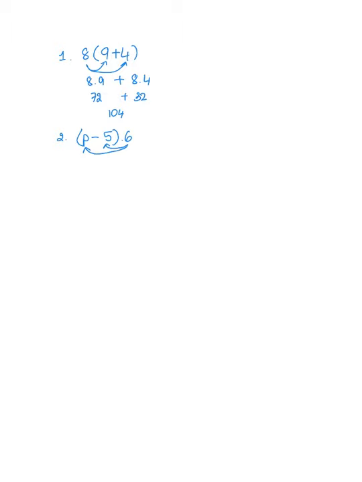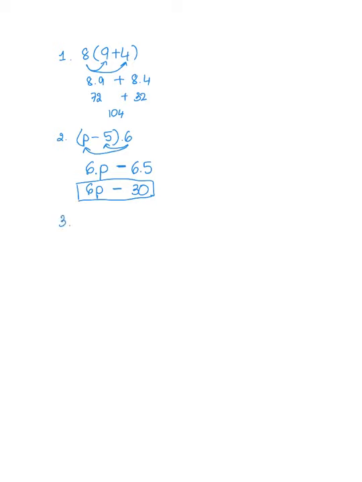So P times 6, I have 6 times P. Because of the commutative property, I'm gonna do 6 times P. The minus side, I put it down. 6 times 5. So this is 6P minus 30. This is your final answer.